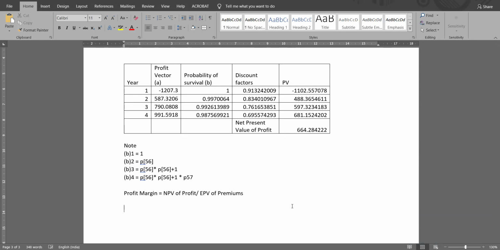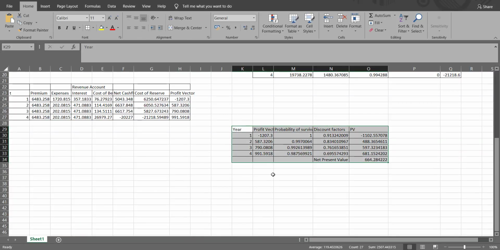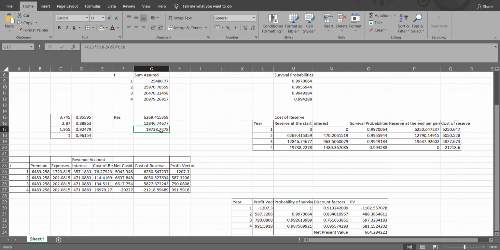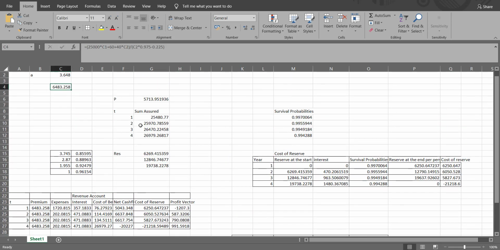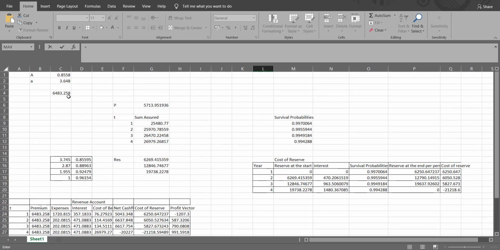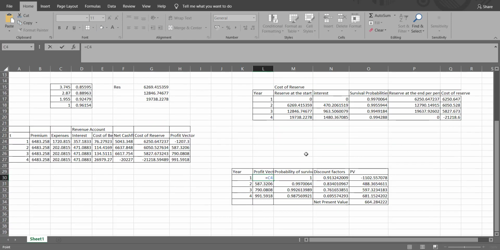Now to calculate EPV of premium, you can use the same thing. Instead of these profit vectors, you can just put the premium amounts here. So just do that and you will get your answer directly. So this, and of course F4, enter.